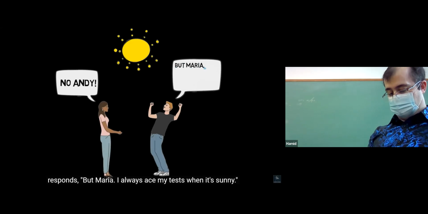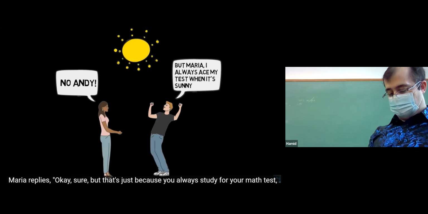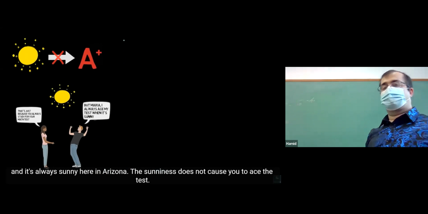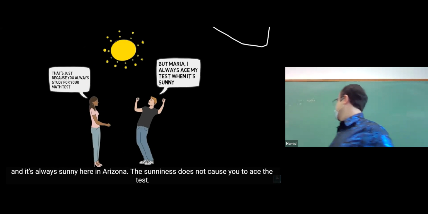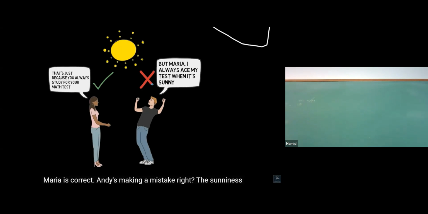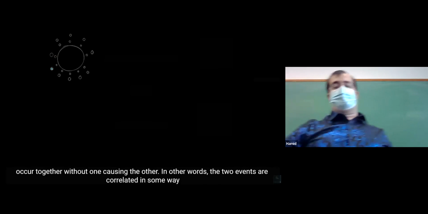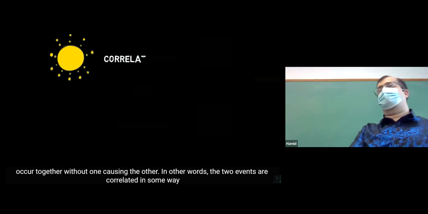Andy responds, "But Maria, I always ace my tests when it's sunny." Maria replies, "Okay, sure, but that's just because you always study for your math tests, and it's always sunny here in Arizona. The sunniness does not cause you to ace the test." Maria's correct. Andy's making a mistake, right? The sunniness doesn't cause Andy to ace his test. The two events, the sunniness and Andy acing his test, occur together without one causing the other.